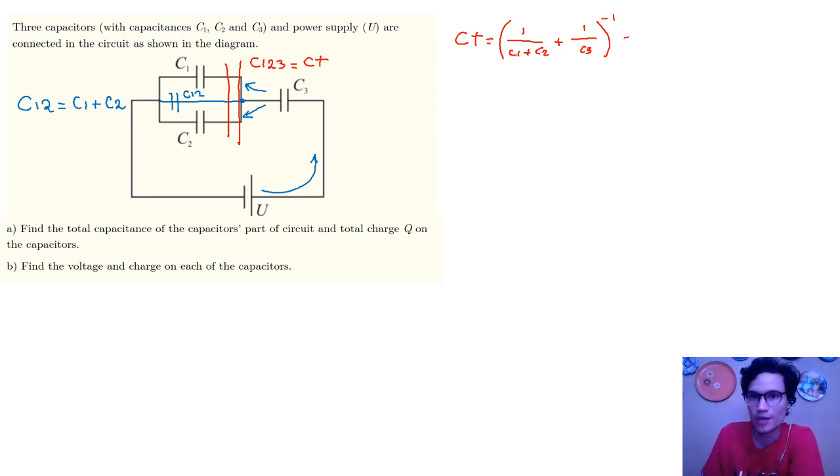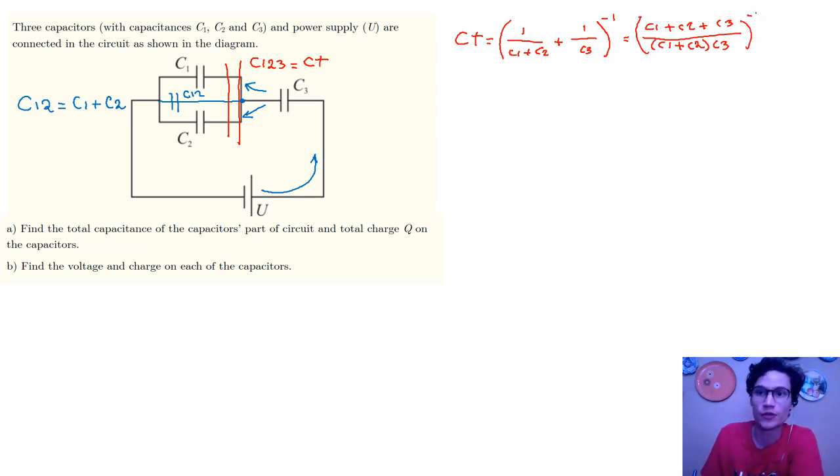And this will be equal to C1 plus C3 times C1 plus C2 times C3, and here C1 plus C2 plus C3, everything to the minus 1.